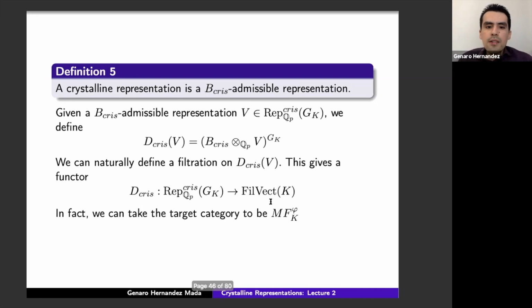So we might change the target category to be this one, which is filtered vector spaces with the action of a Frobenius phi. So D Cris is a functor that goes from this category to this other.